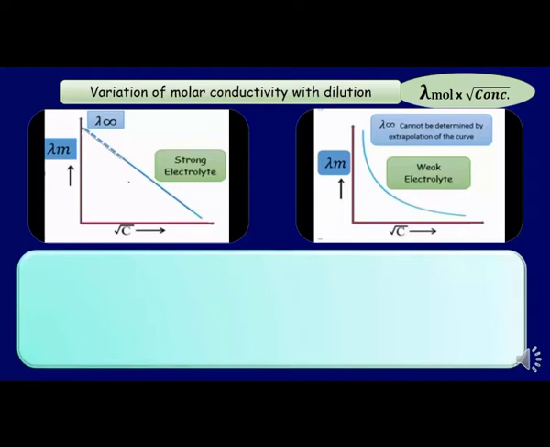These two graphs are very important from your examination point of view. In both cases, you can see that molar conductivity increases with dilution. In case of a strong electrolyte, it is a straight line. In case of a weak electrolyte, it is a curve.